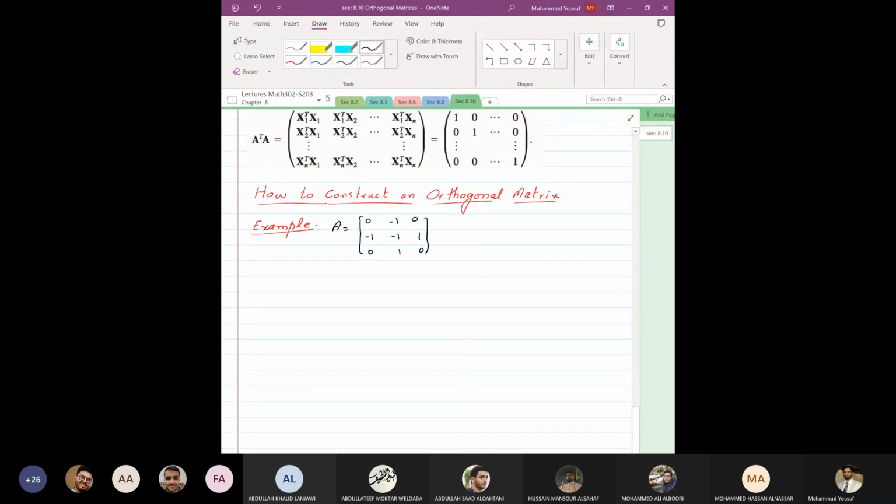The eigenvalues of this symmetric matrix: lambda 1 is 0, lambda 2 is 1, lambda 3 is -2.